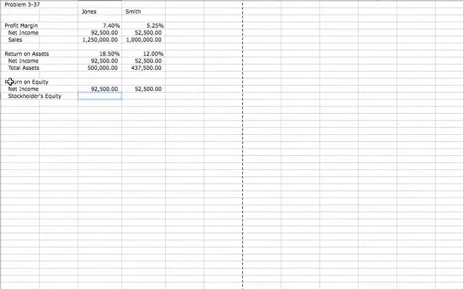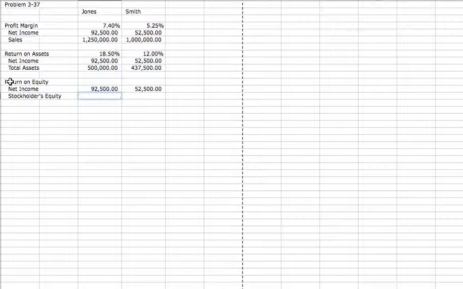And stockholders' equity. So let's take a look at stockholders' equity. That would be for Smith corporations. There's a couple of different ways to calculate it, but we're going to go ahead and just add up the stockholder equity accounts for Jones.